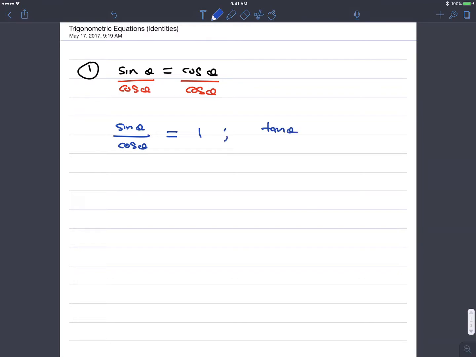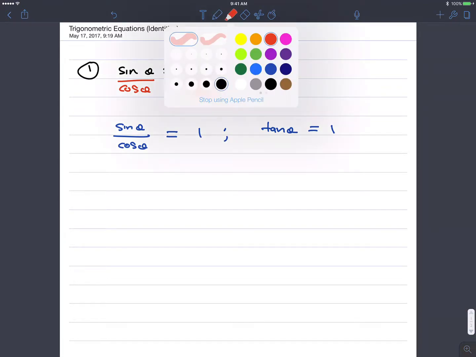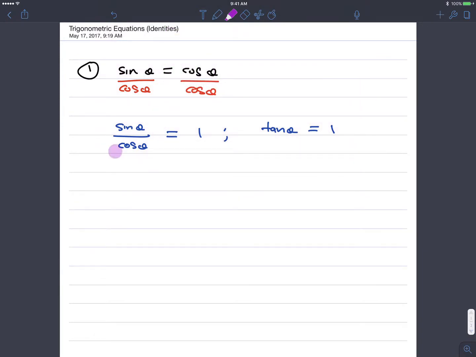We can put it either in the algebra category or in the identity category, because sine over cosine, this identity here, we know is actually what? Tangent. Now, that's kind of a big deal. So it belongs in both.